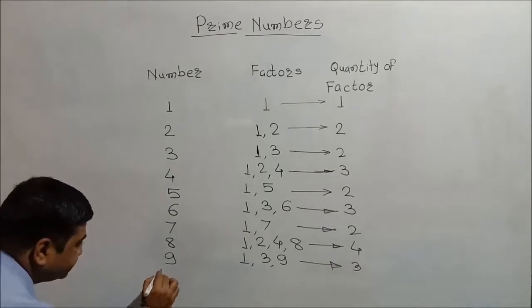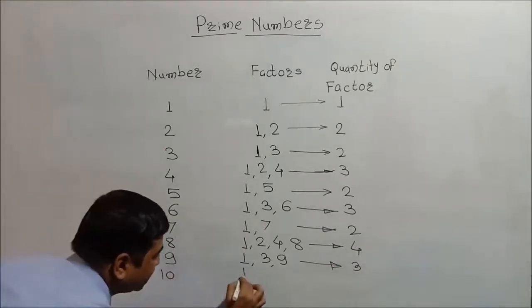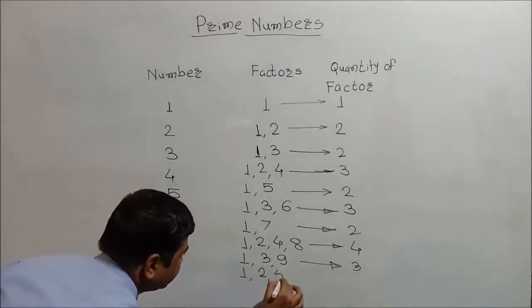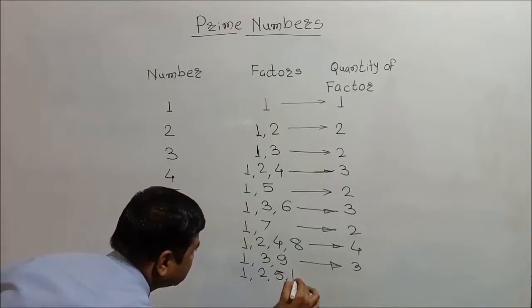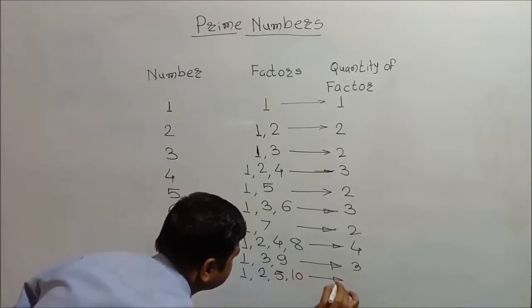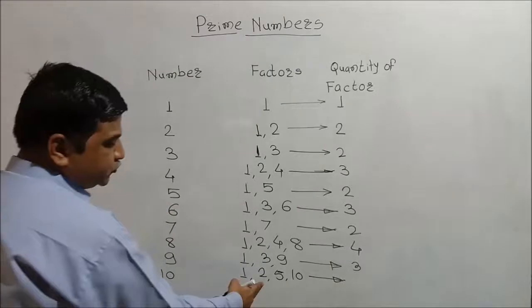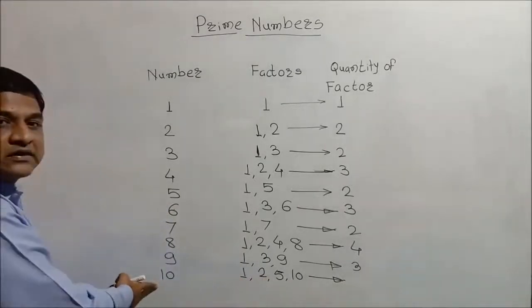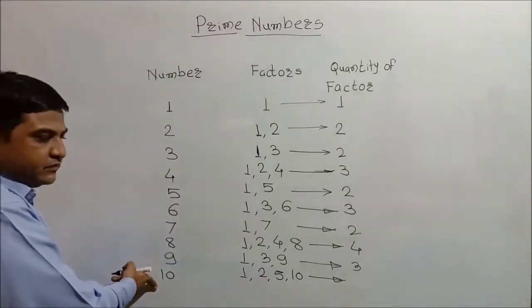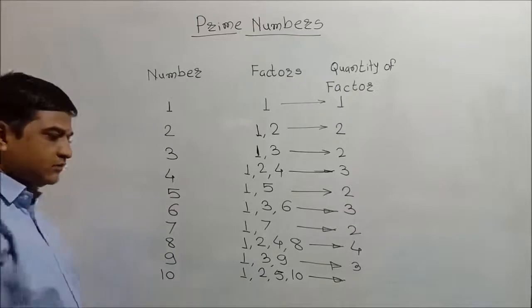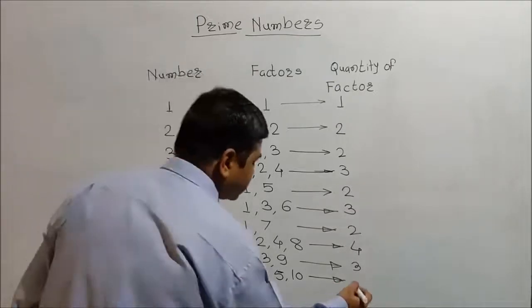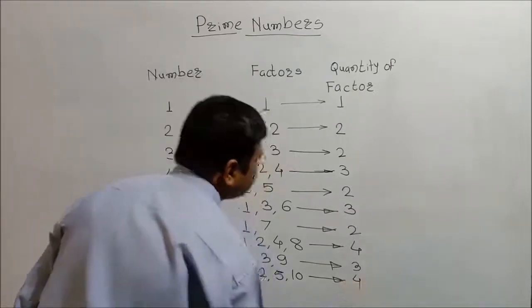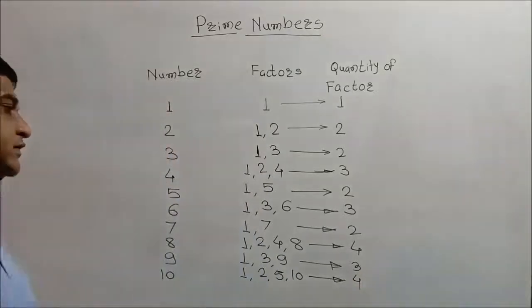What about 10? 10 can be divided by 1, 2, 5, and 10. So 1, 2, 5, and 10, they are the exact or perfect divisors of 10. They do not leave any remainder behind them. So we got the number of factors in this case as 4.